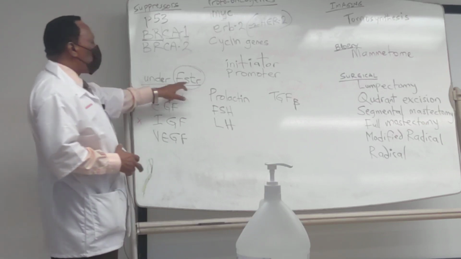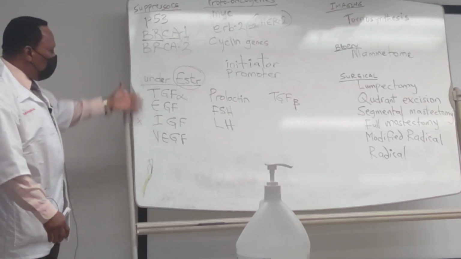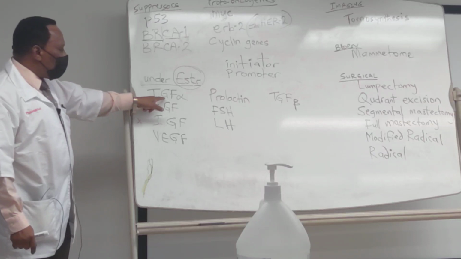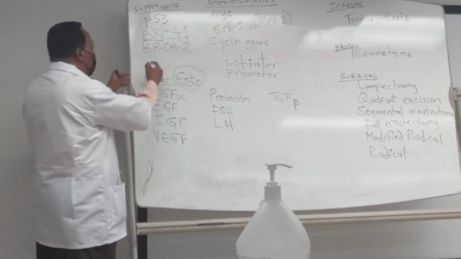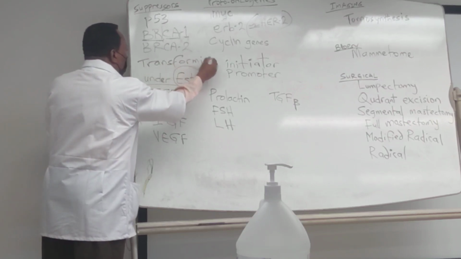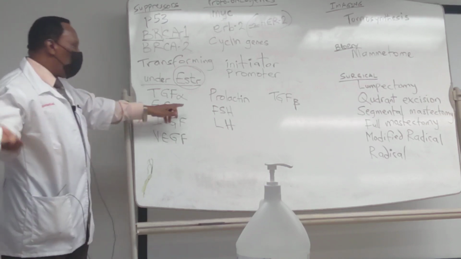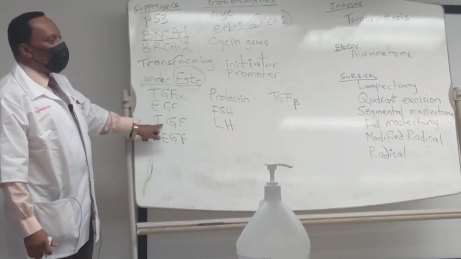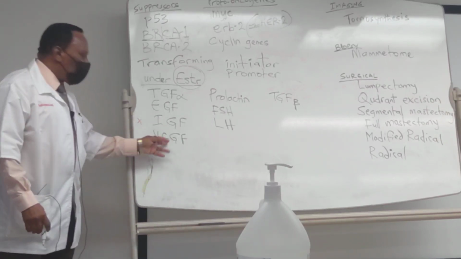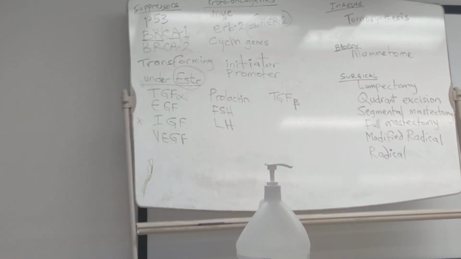So under the influence of estrogens, the transformed cells can produce some growth factors, like your transforming growth factor alpha, your epidermal growth factor, your insulin-like growth factor, or your vascular endothelial growth factor.